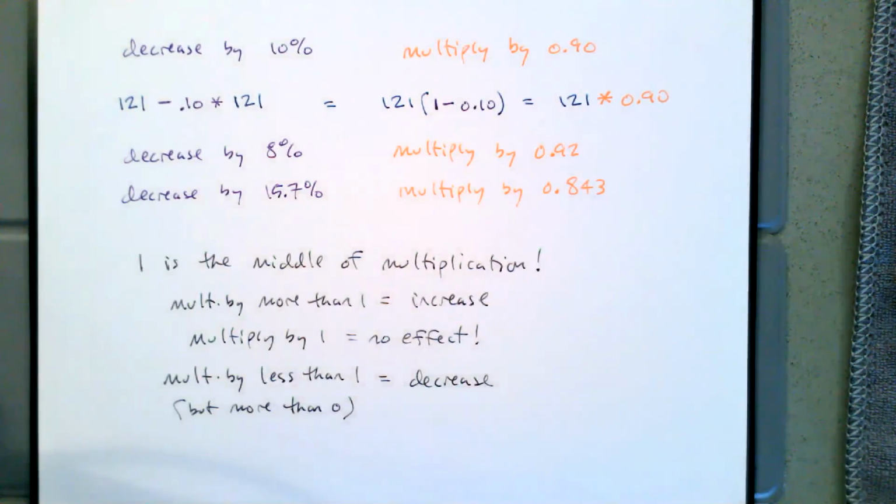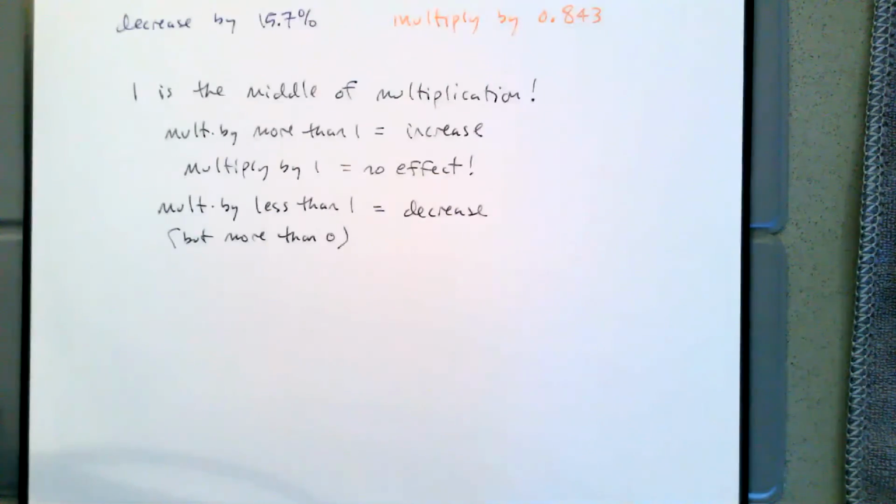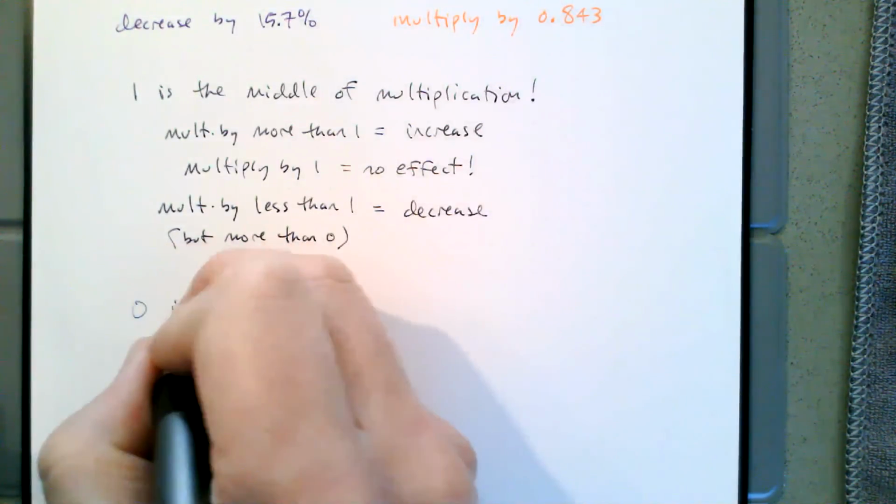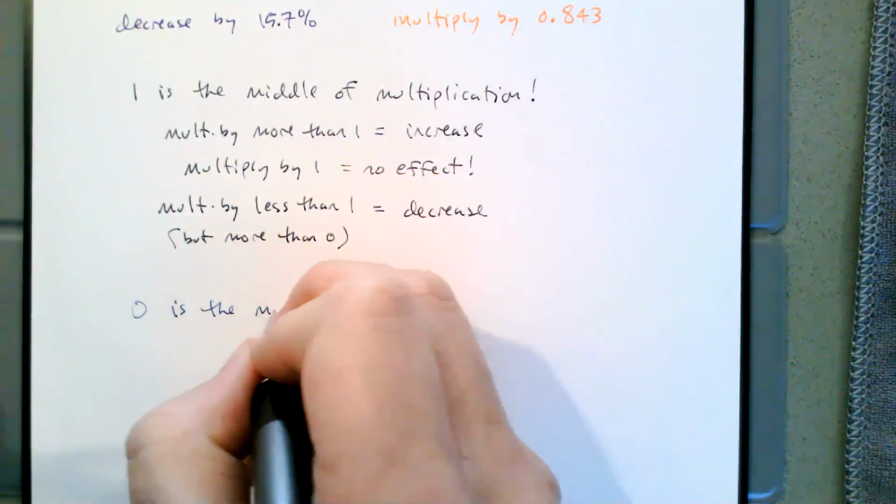In that sense, 1 is the middle of multiplication. Similarly, 0 is the middle of addition. So just to tie this together with things that we've seen before, 0 is the middle of addition.